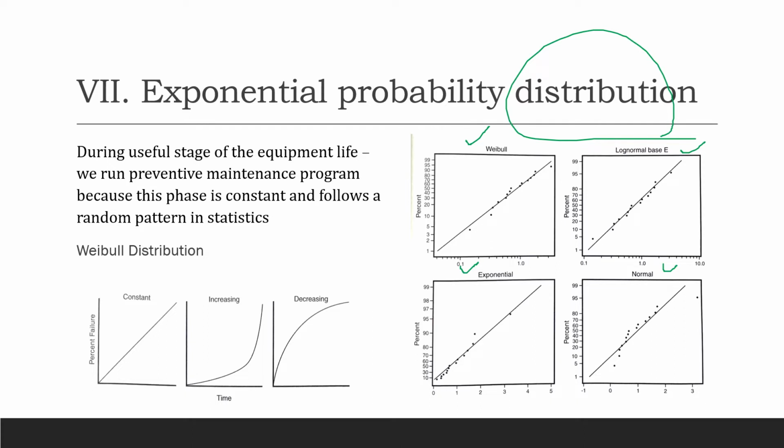They look different: this is your Weibull, this is exponential, that's your log normal, base e, and this is your normal curve. They have different slopes right there, and these little dots are your data points.